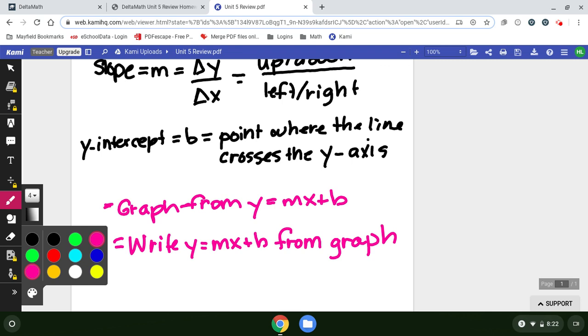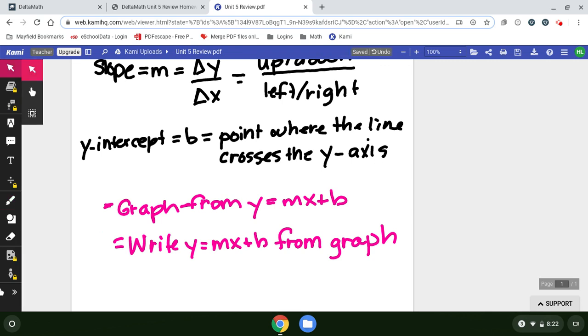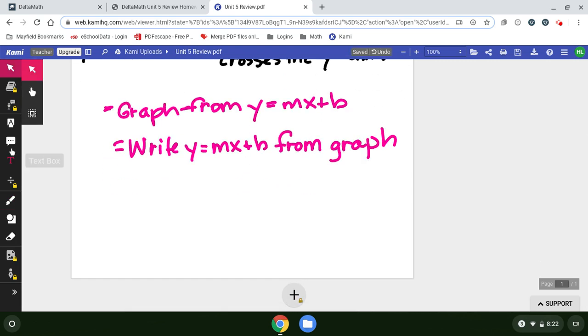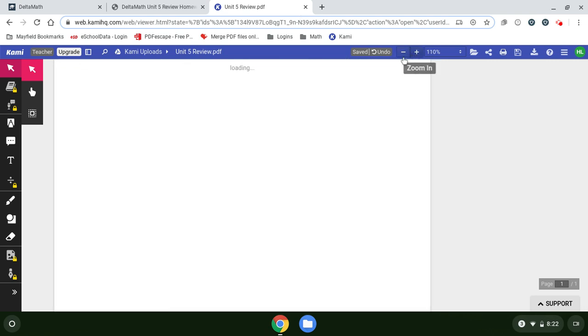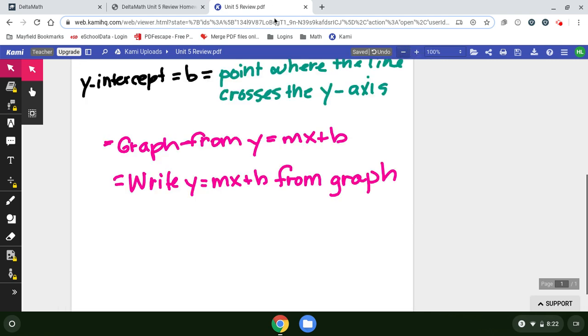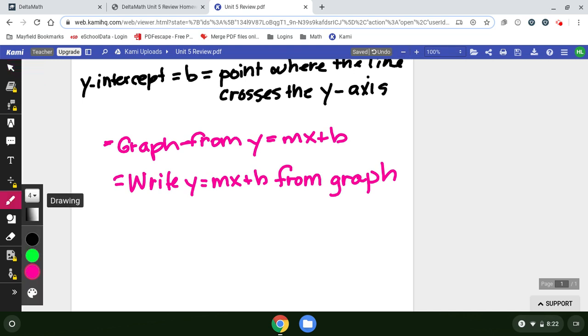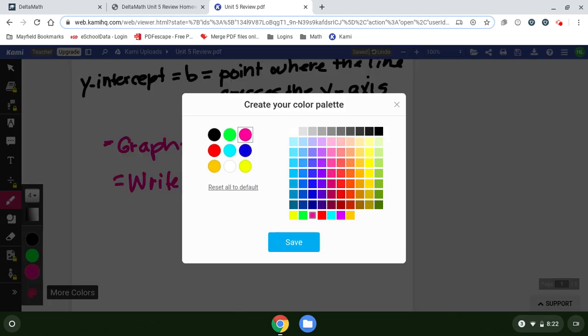One thing that I noticed as I was going through what you had been doing throughout the unit is with slope. So I want to bring up a couple things with slope. Oops, let me zoom out again. There's two things with slope that you have to be careful about.